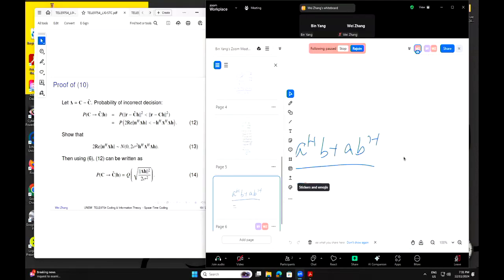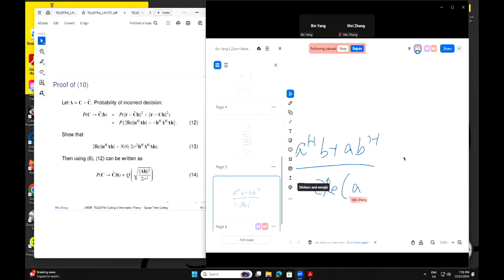This one equals double real A Hermitian B. You may wonder, A Hermitian B is actually one symbol, one complex value. Equivalent to say that you have X conjugate plus X. That gives two real X. Do you understand?